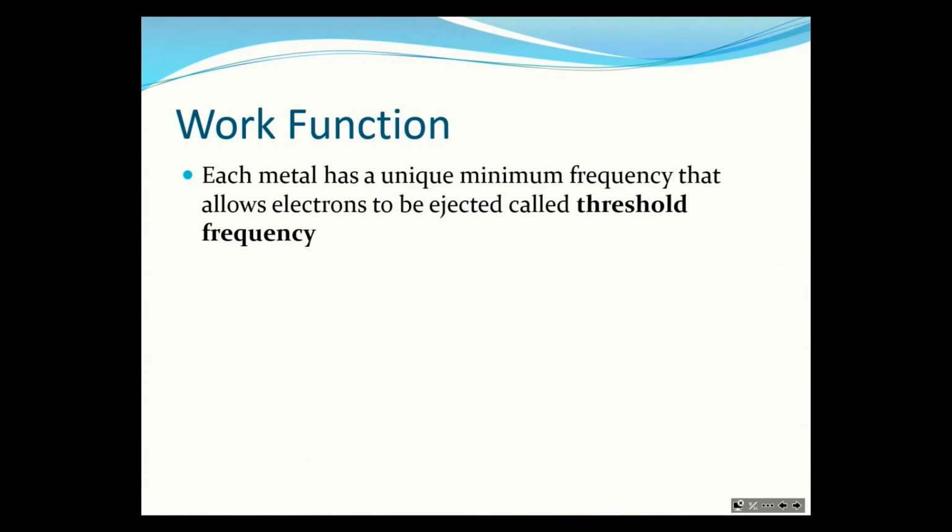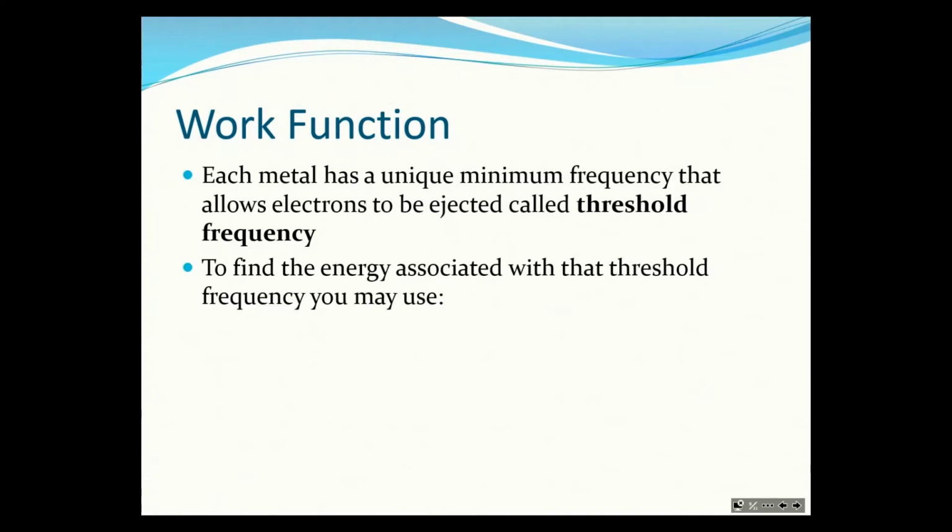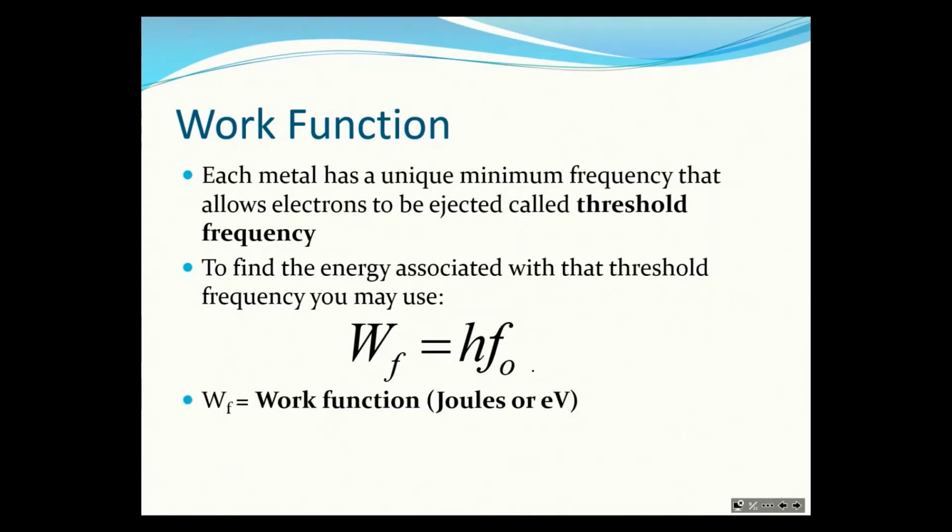So like I was saying, each metal has its own unique frequency that allows electrons to be ejected, which we call our threshold frequency. And then to find the energy associated with that threshold frequency, we can use this formula. Work function equals hf, where Φ is our work function, h is Planck's constant, and f is our threshold frequency.